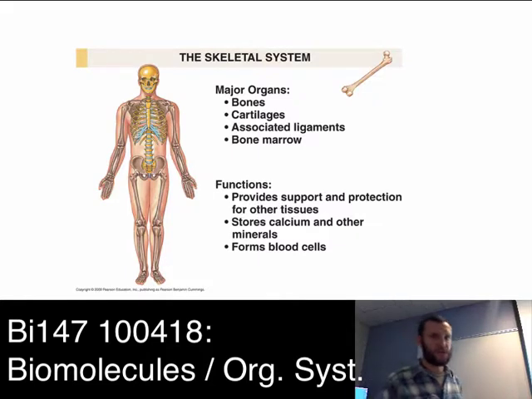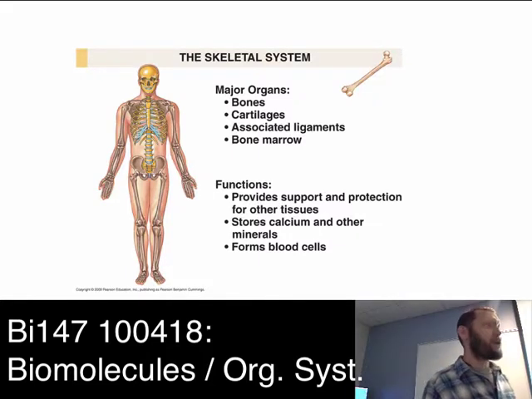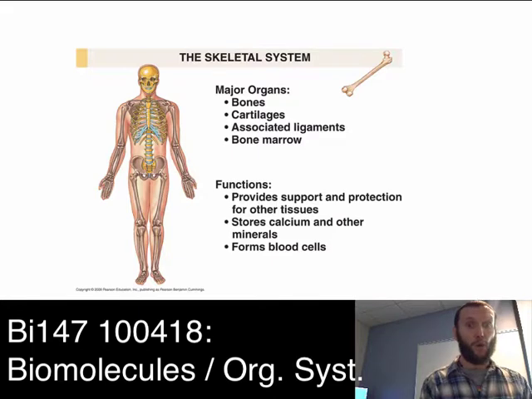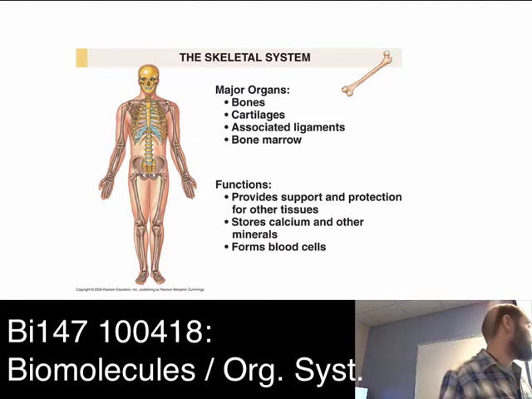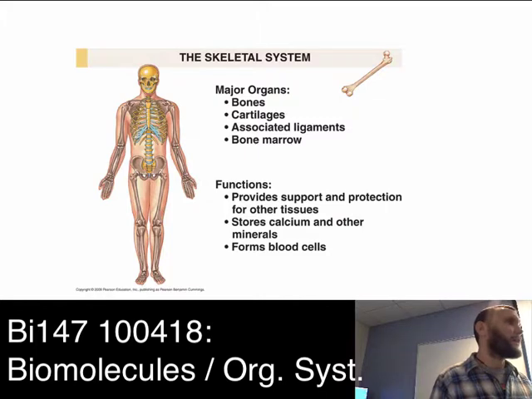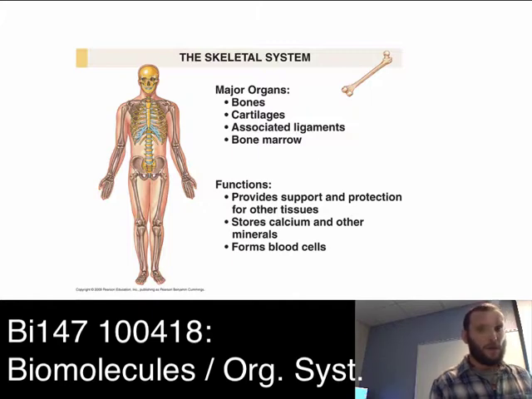Next is the skeletal system, and we're going to spend quite a bit of time talking about the skeletal system. The principal organs of the skeletal system are the bones, the cartilages, but there are a number of ligaments that are associated with it, and the bone marrow that's found inside the bones of the skeleton is also a really important part of the skeletal system.